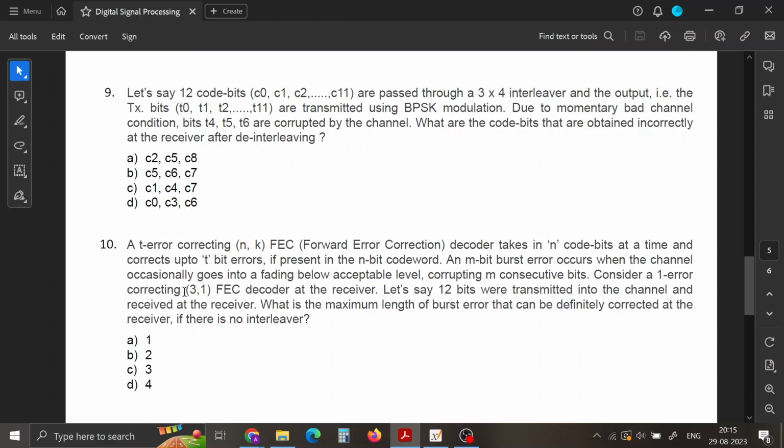Within the parenthesis, whatever is written, these are n and k. n is the number of code bits, the length of the code word, and k is the number of message bits. You need not worry about the message bits now. And t is the number of errors that can be corrected, which for this 3,1 code is one error correcting.